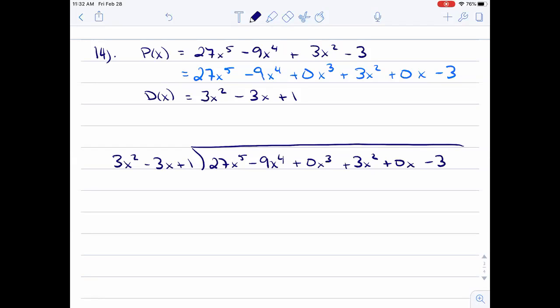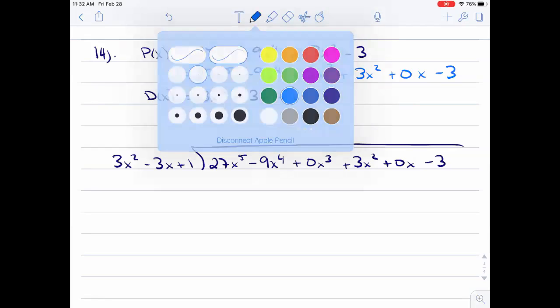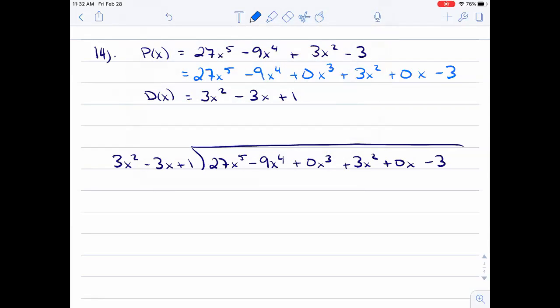First term, 3x squared into the first term, 27x to the 5. Now, I don't have room on the side to write it out, but we did the nitty gritty one, so here we go. I'll still try to use colors, but who knows. 27x to the 5 divided by 3x squared is 9x to the power of 3.